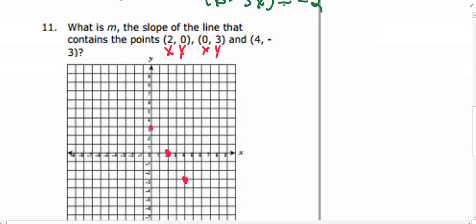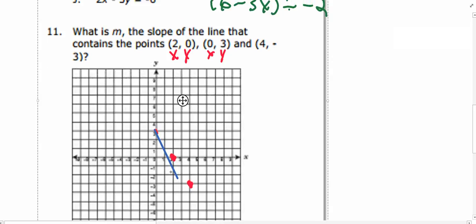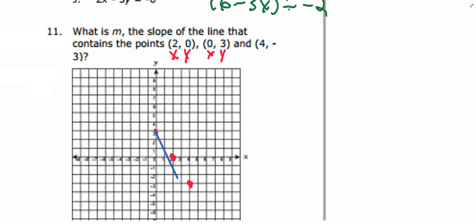And let's count our slope. Well, the first thing you notice is that this graph, if we were to draw a line through there, and let's just draw a line. If we were to draw a line through there, it would look like something, whoop, that was a fail. Let's back that up. Let me erase that line if I can.